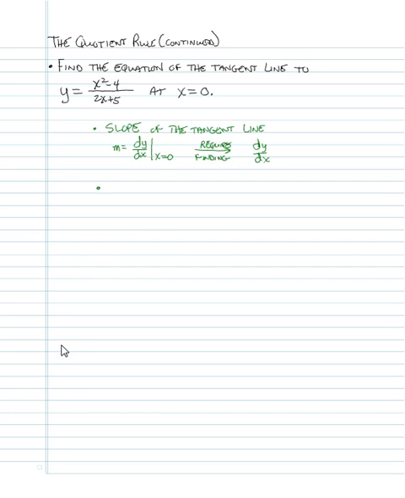Let's also realize that we need a point. So we need to use a point and the slope. So the point that we've got to worry about is when x is 0. Well, when x is 0, here's what we know. The x value is 0. It's the y that we don't know.